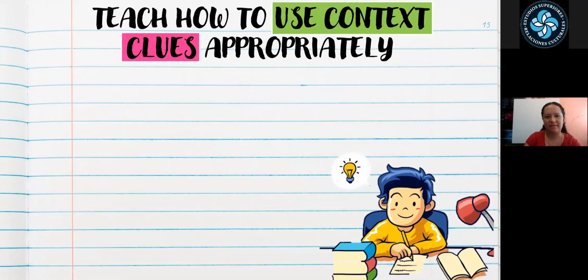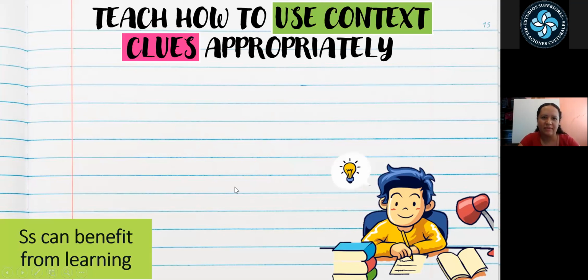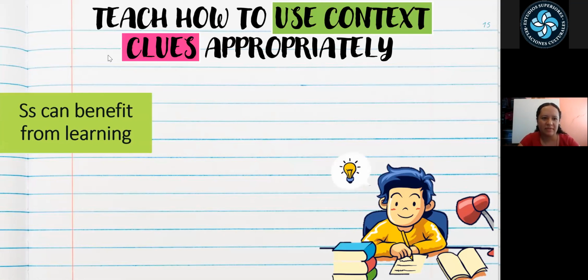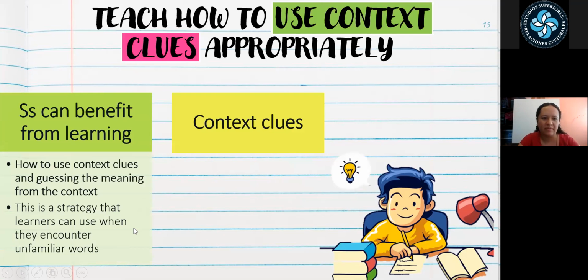The next principle is to teach how to use context clues appropriately. And I'm going to tell you what context clues are. So here, for example, we have that students can benefit from learning how? Well, we can use context clues so they can guess the meaning from the context.